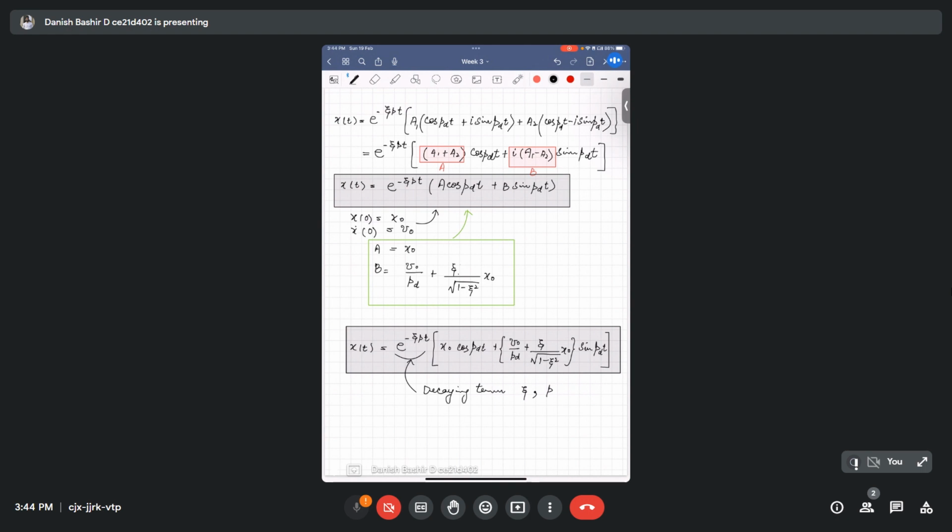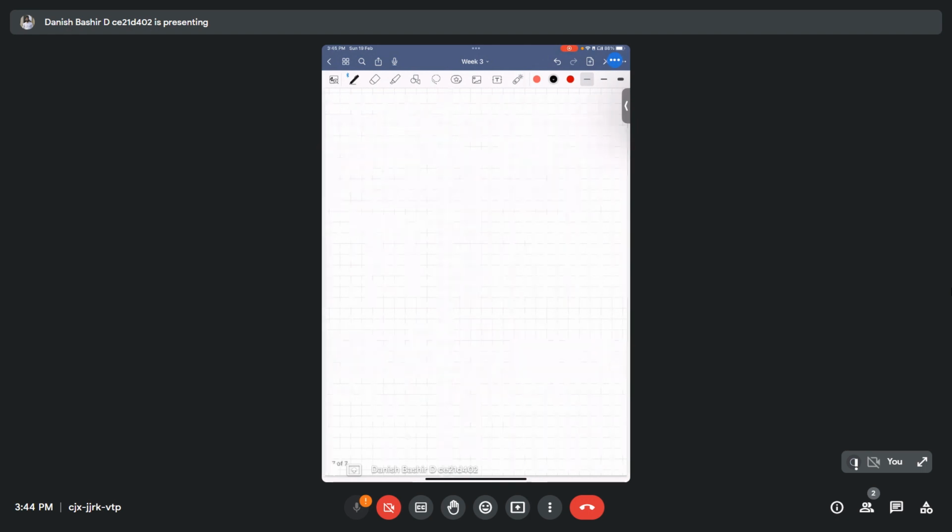We will sketch the graph of this solution like this. For example, this is the y coordinate, and this is our x coordinate. The decay of motion will be like this.